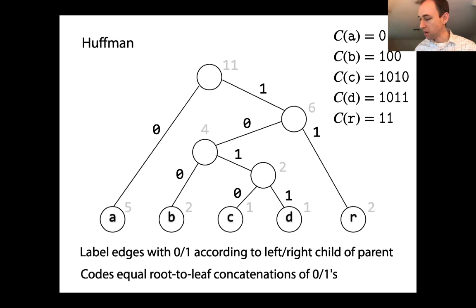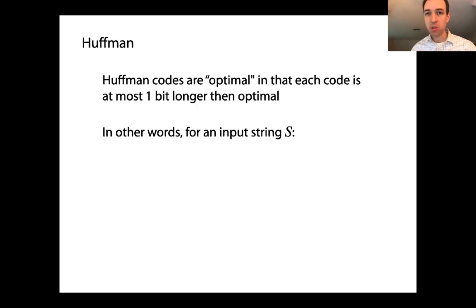Huffman codes have another nice property. They are optimal in a certain sense. So Huffman codes are optimal in that each code corresponding to a symbol is at most 1 bit longer than the code that would optimize to the zero order empirical entropy. So in other words, we can write down a little equation.